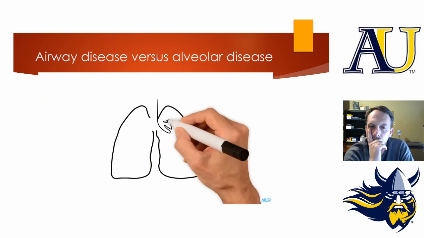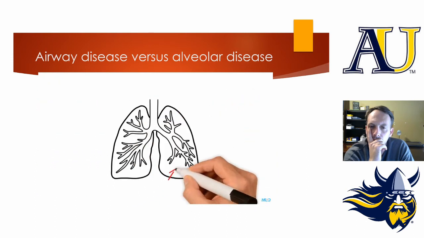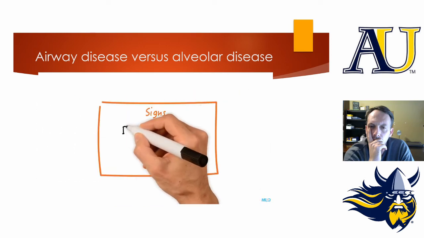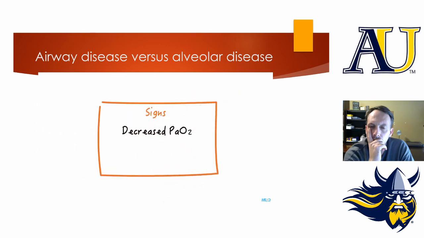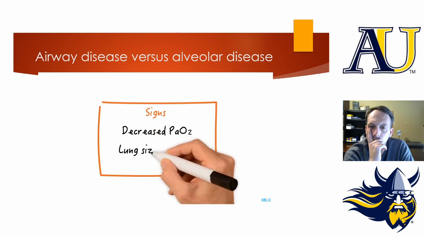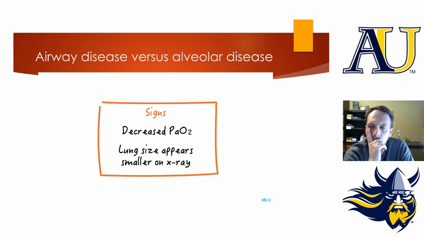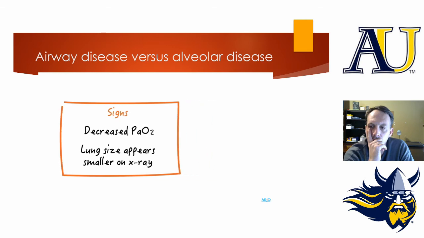So depending on the severity and extent of the alveolar damage, patients with this disease will have a difficult time getting adequate volume of air into the lungs, which in turn will lead to decreased oxygenation, and on an X-ray, the lung may actually appear smaller in size. In severe cases, alveolar lung disease can lead to ARDS, but we'll talk more about this later.